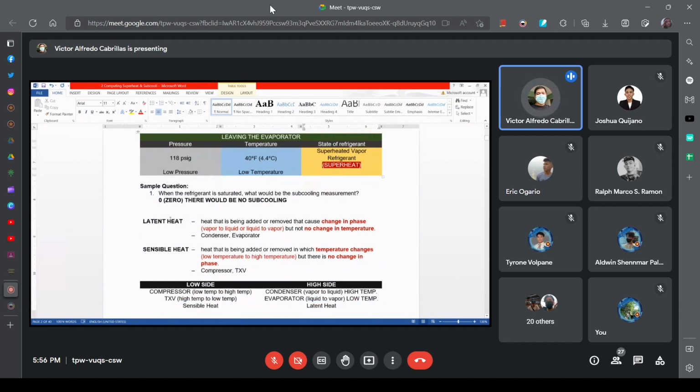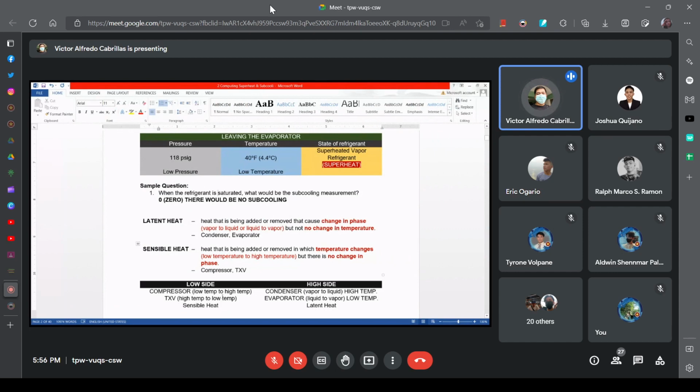Okay. So sample question ng subcooling or sensible heat or ano. When the refrigerant is saturated, what would be the subcooling measurement? 0, there would be no subcooling. Okay? Saturated. Okay, so when it is in its saturated state, so walang subcooling na nangyari.